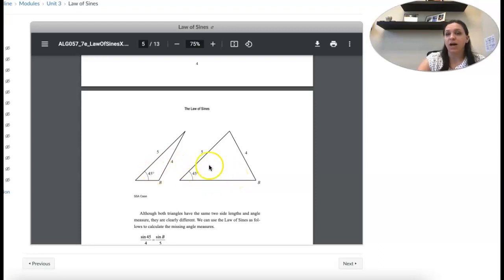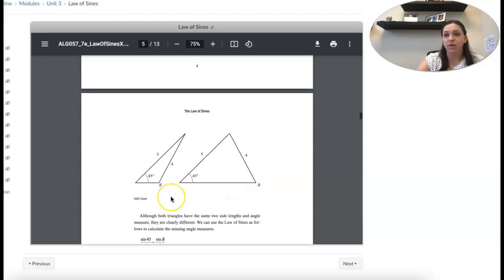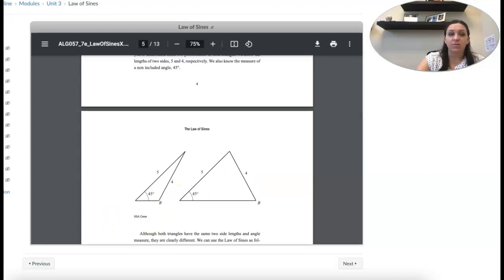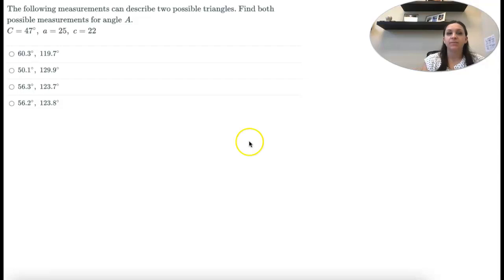And this shows you how. These sides are the same, the angle's the same, but the triangles are not the same. So our angles can be different. There's a chance we'll have a different number of answers, right? So I'm going to draw this triangle.